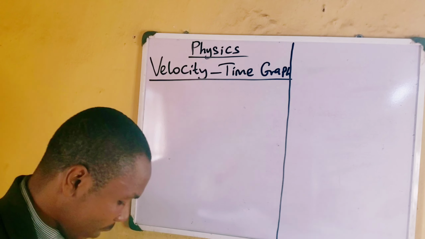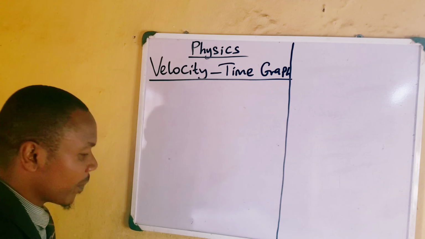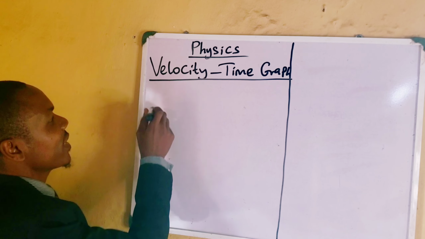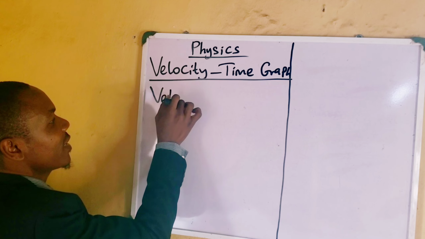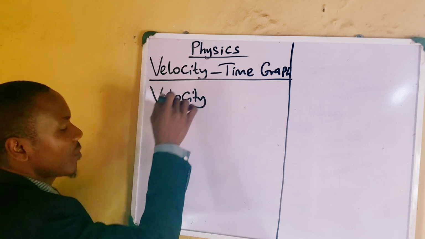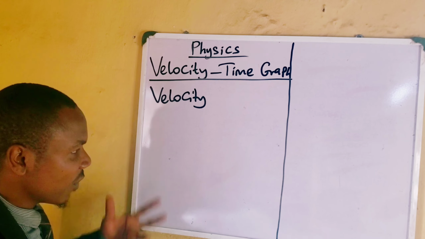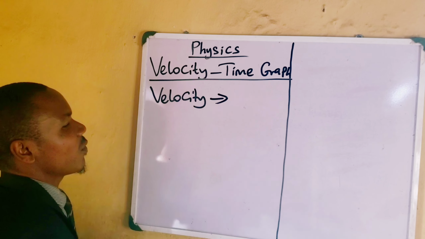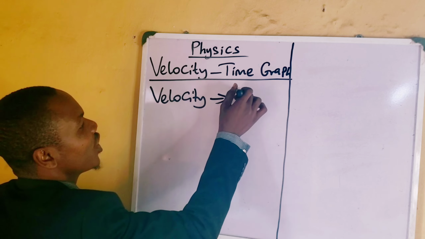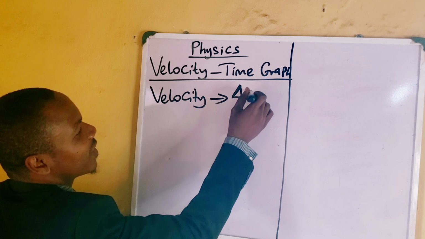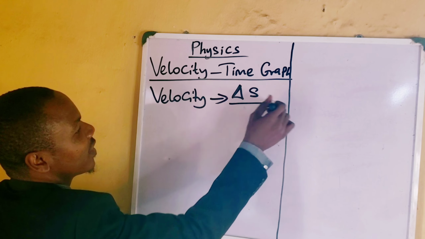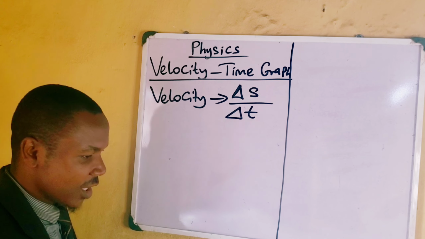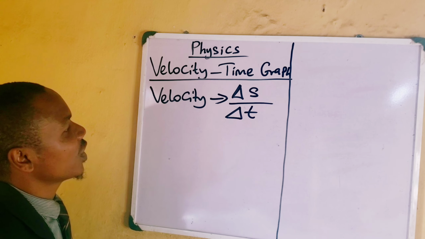So let's go. All right, so we have today's topic being velocity. Here we have two keywords. We have velocity. Can you see that? You have to ask yourself the question, what is velocity all about? Velocity has to do with what? Change in displacement over change in time.